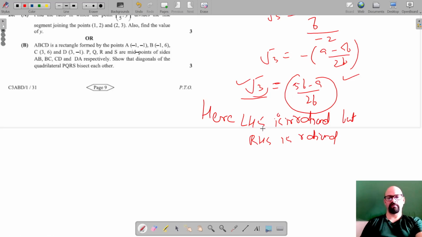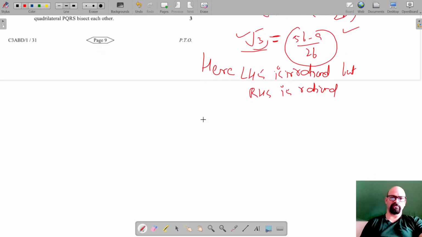But here the LHS is irrational and the RHS is rational, which should not happen. So that means our assumption is wrong.